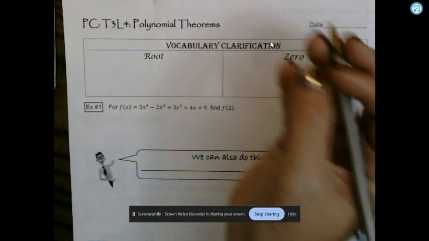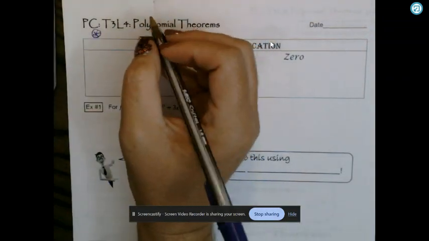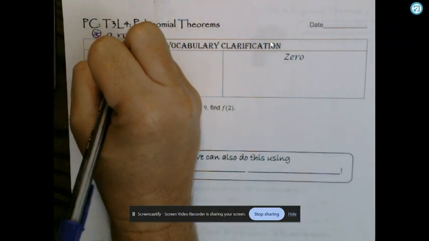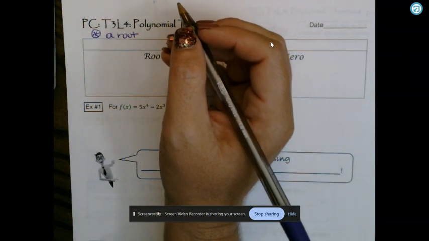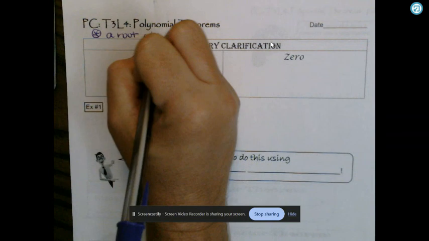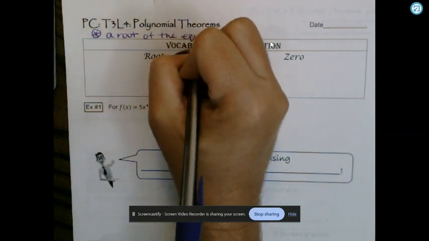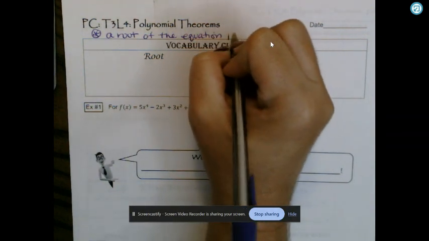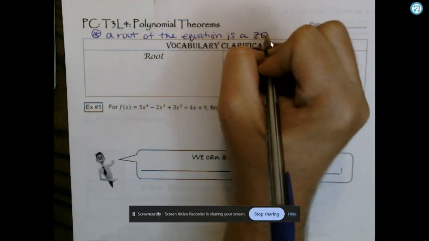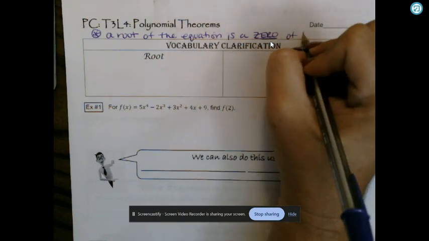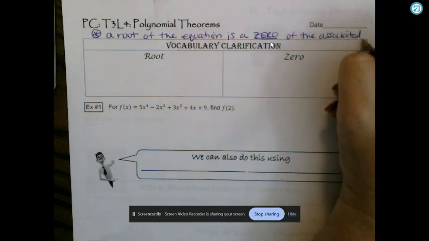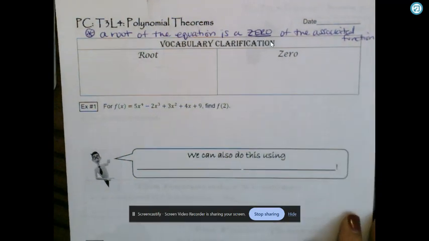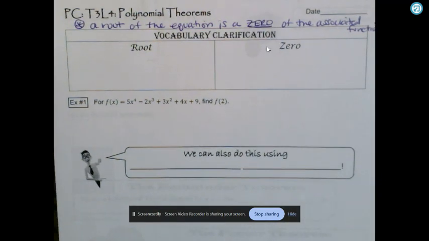So just so you understand, a root of the equation is a zero of the associated function. A root of an equation is the zero of the associated function.